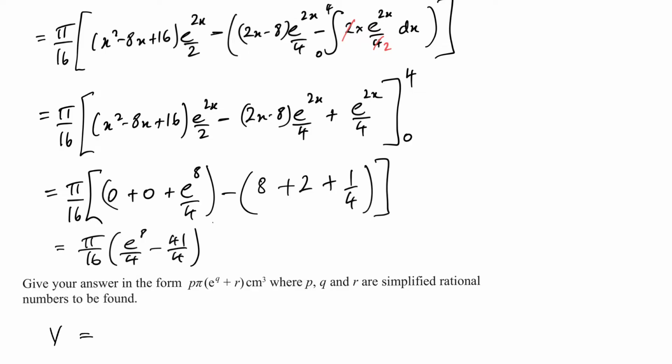So we can say that this is pi by 64 e to the 8 minus 41 centimeters cubed. We probably could have got away with it as it was, but I think this is just a much nicer end to it by taking the 4 out since it's in both of them.